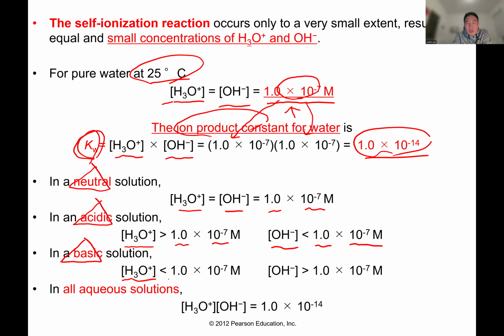The concentration of hydronium is less than 1.0 times 10 to the negative 7 molarity, and the concentration of hydroxide is greater than 1.0 times 10 to the negative 7. For all aqueous solutions, memorize the equation: 1.0 times 10 to the negative 14.